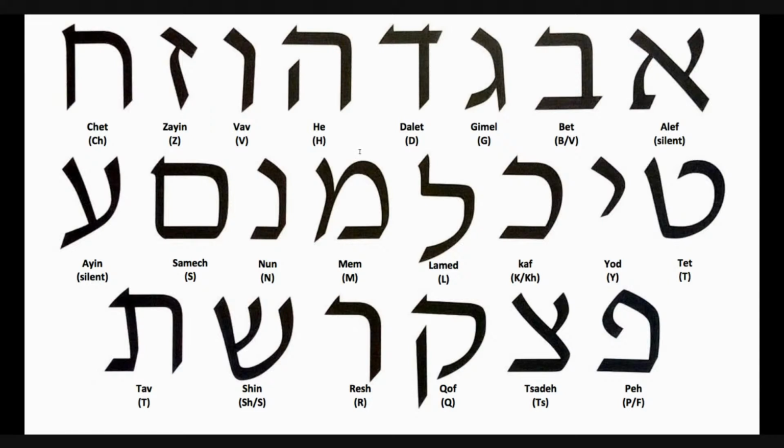Lamed, samech, vav. If there's a long vav, and you can tell it's long because the bottom of it extends below the line, it's a nun. I'm going to tell you now, the lamed in this context means to.